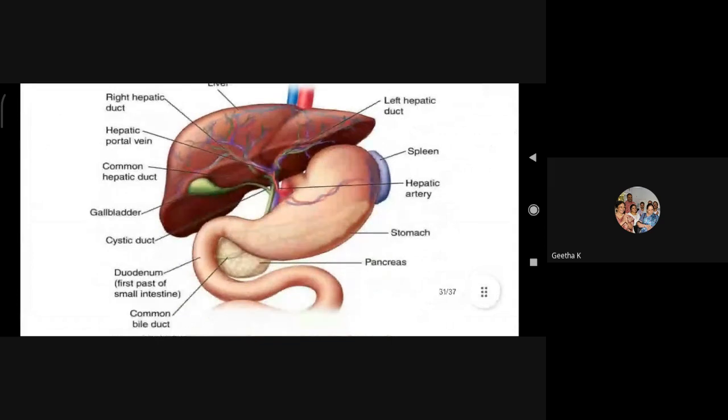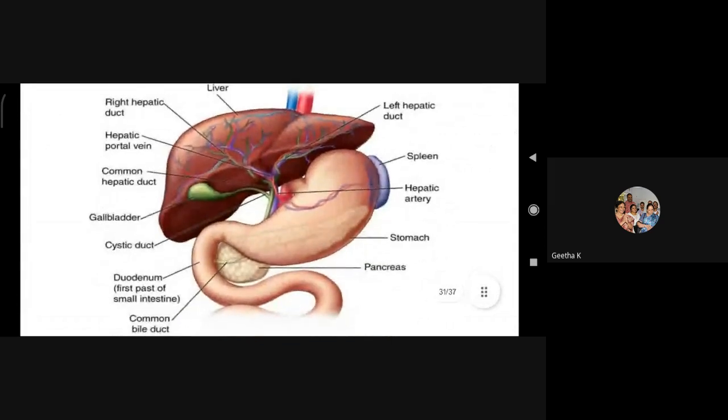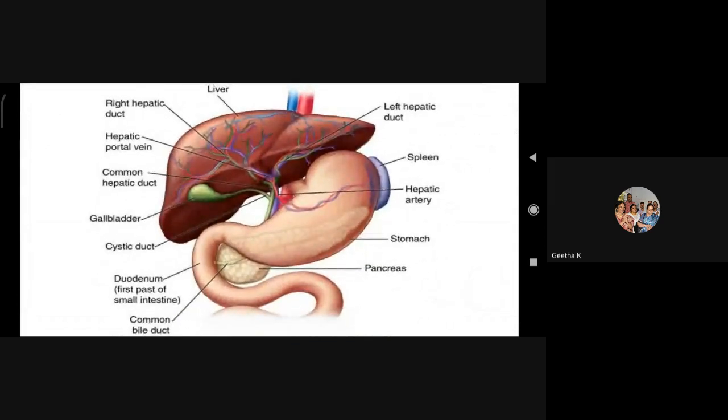The liver is located at the top of stomach, and just behind the stomach the kidney is located. Both the kidneys are located on the left and right side of our spine, and this left kidney is located behind our stomach.